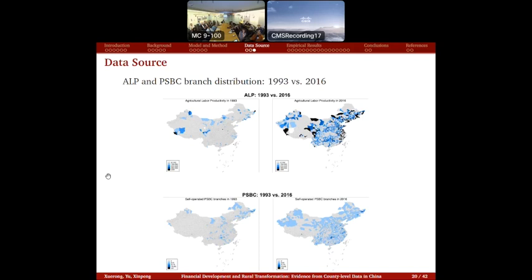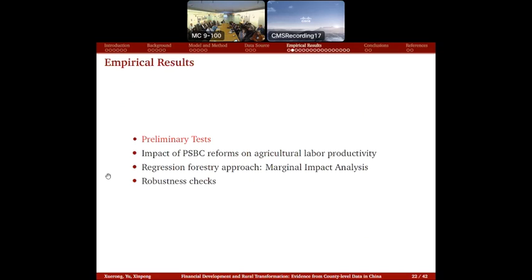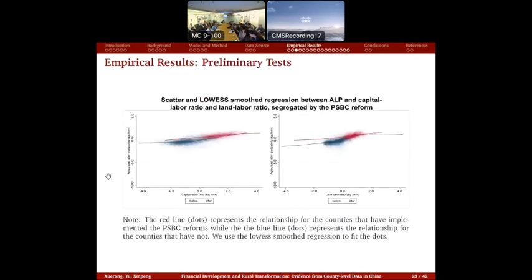And we can see the same patterns in the PSBC distribution. Then come the empirical results, mainly in these 4 parts: several tests before we do the precise empirical results, and also the impact analysis and the marginal impact analysis.